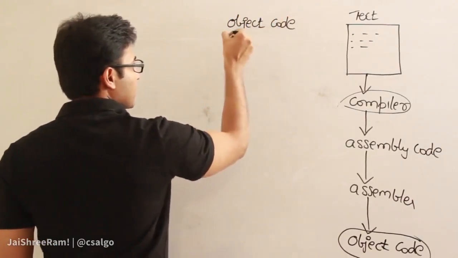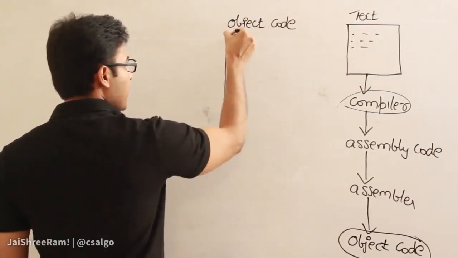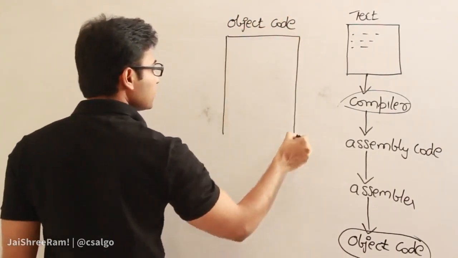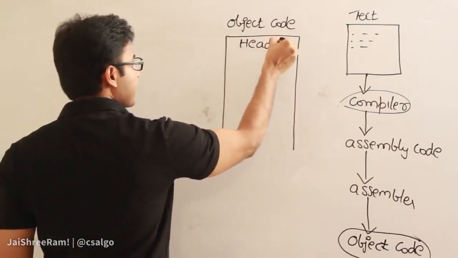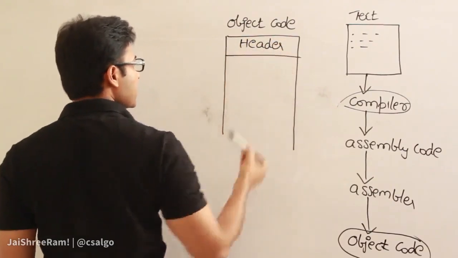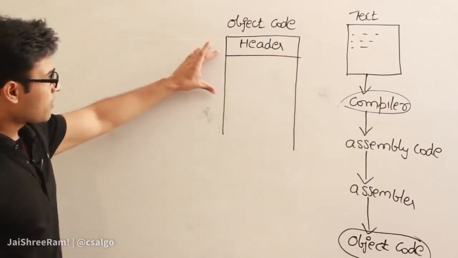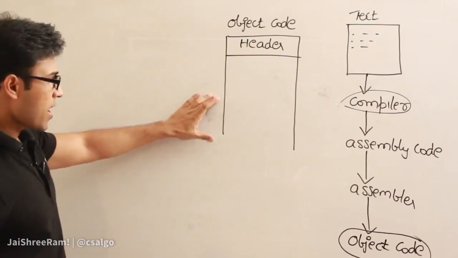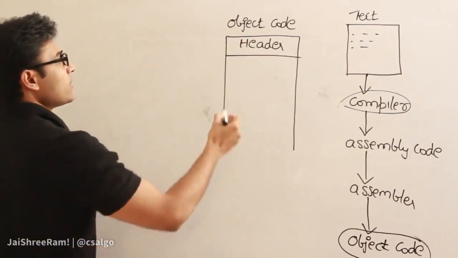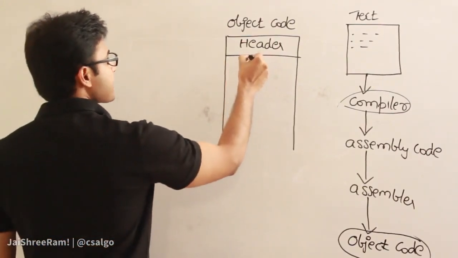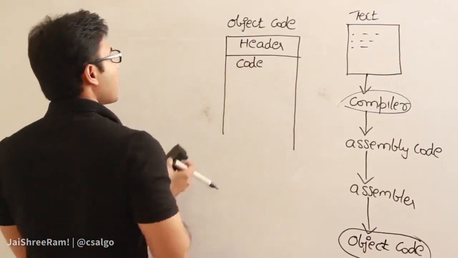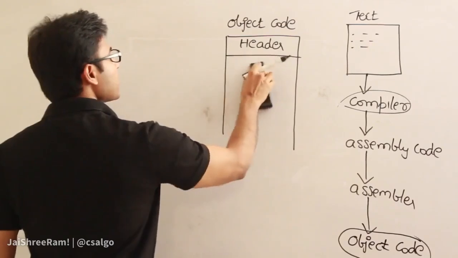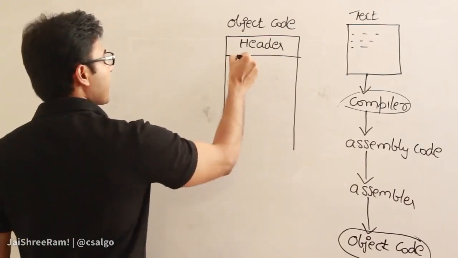Object code is going to contain various parts like this. First, it will contain some header, and the header will say what the various parts present in this object code are, and their pointers. It will contain a code segment, or you can say a text segment.